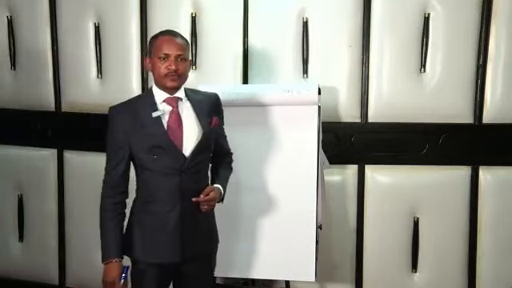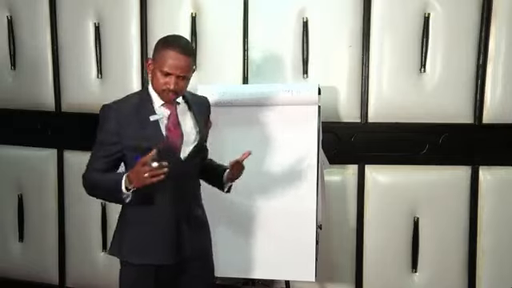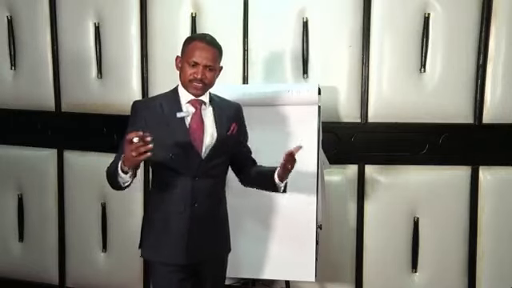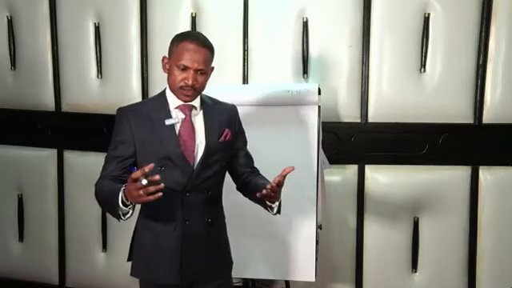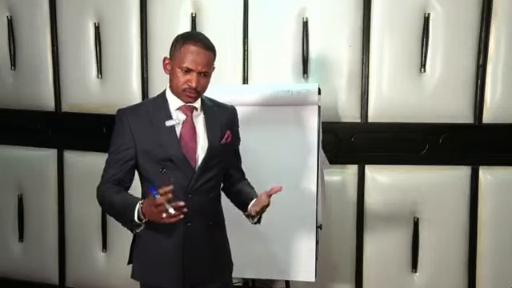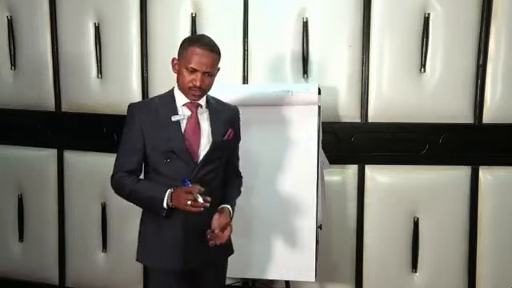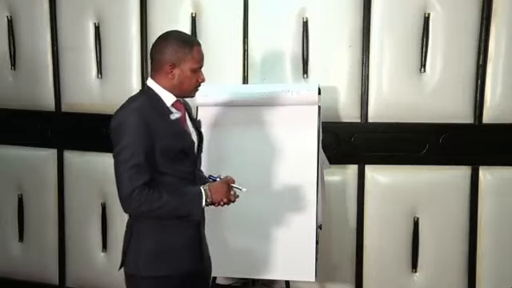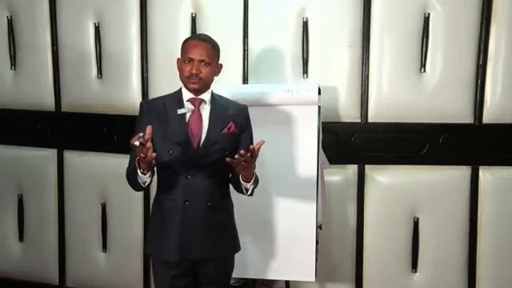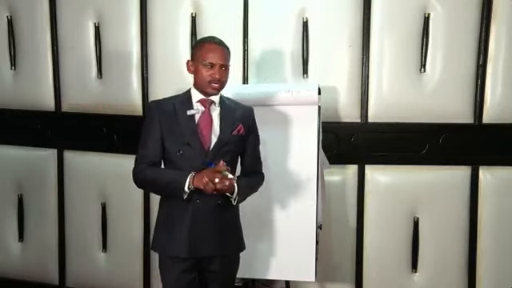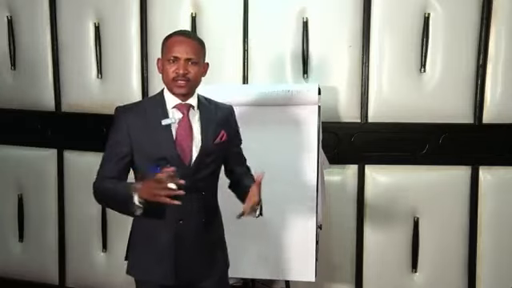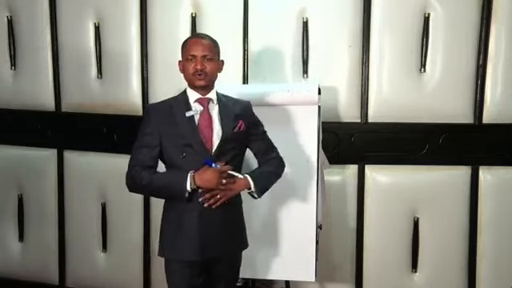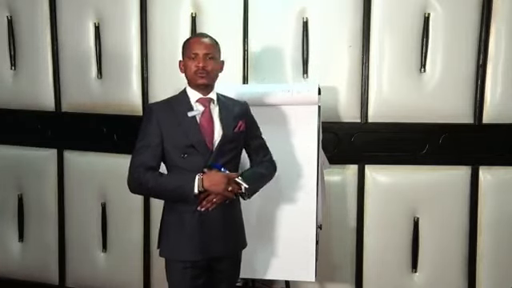Then the court should automatically grant you bail or bond, or both. The court can grant you bail or bond or both. Then the prosecution, sometimes they are very stubborn, say we don't want Babu to be released on bail or bond.